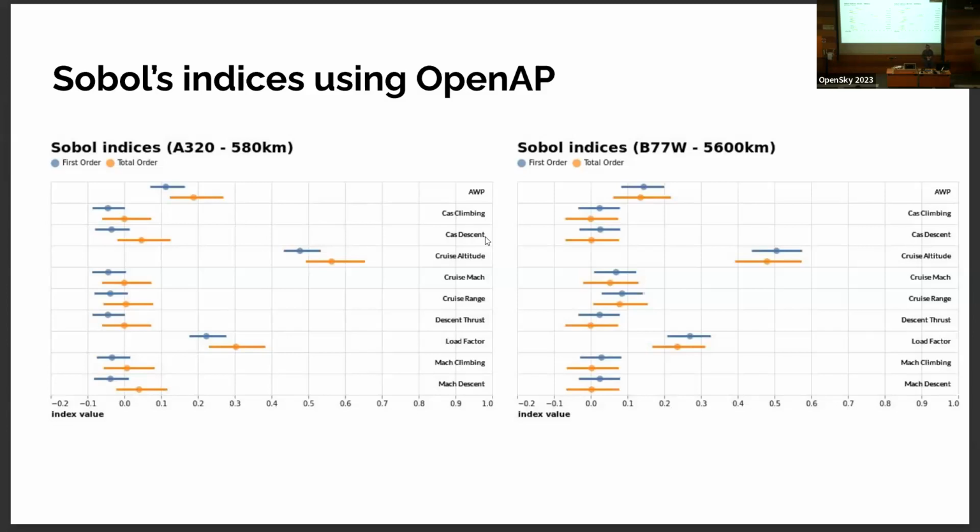I think that it's way more understandable for the longer flight, as the cruise is longer, so it makes more sense for the modification of the cruise altitude to be the most impactful.